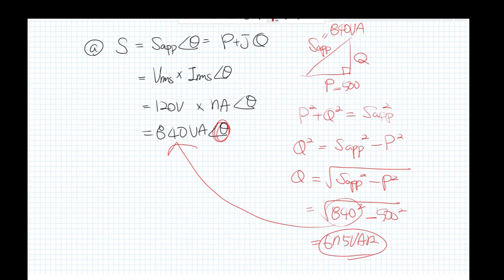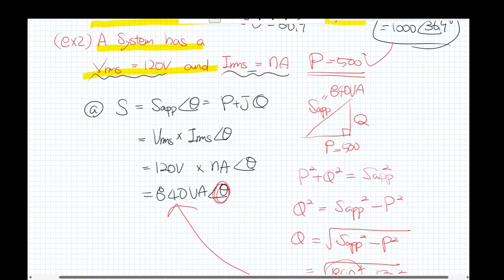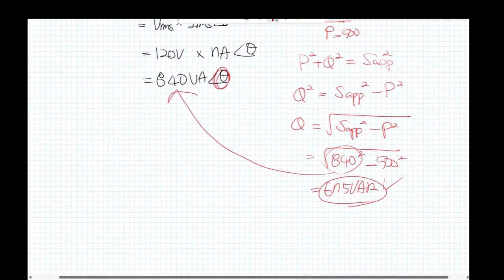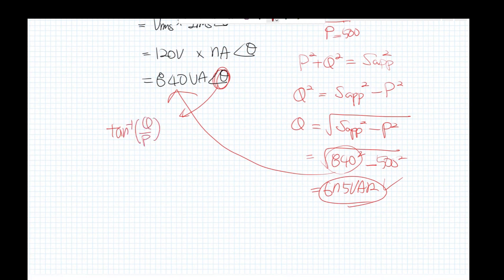So the P we know from the given, and Q we have calculated. That theta is the tangent inverse of Q over P. So the tangent inverse of 675 over P, which is 500, and finally we can get 53.47 degrees here.